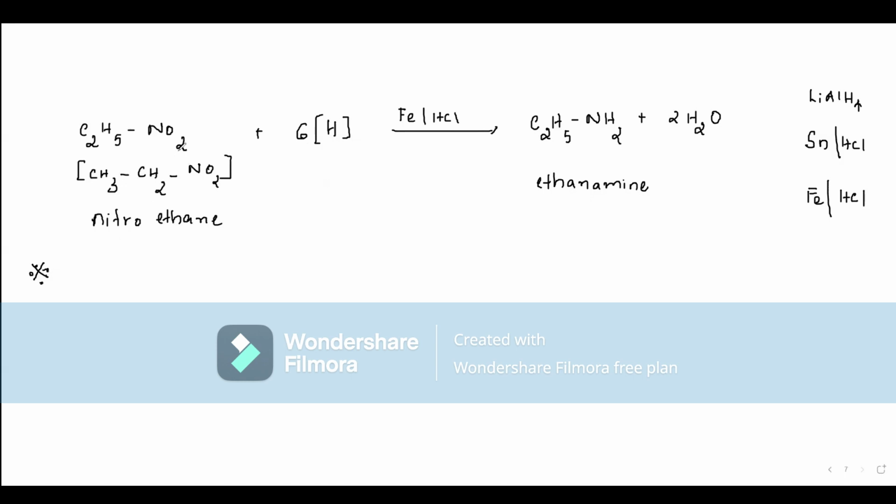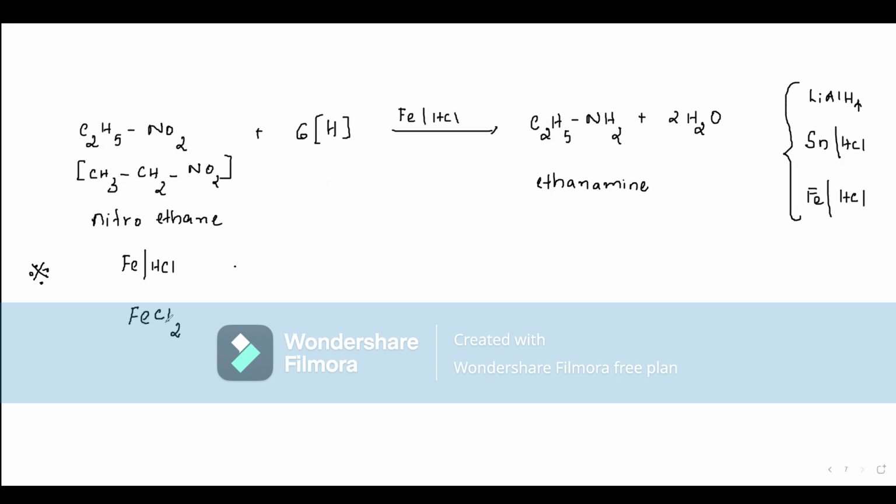Now, there is a slight possibility of one question in ISE under give reason: which among the following reducing agents is preferred and why? Fe in hydrochloric acid is preferred. The reason is that when Fe in HCl releases nascent hydrogen, the byproduct is FeCl2, the corresponding chloride.